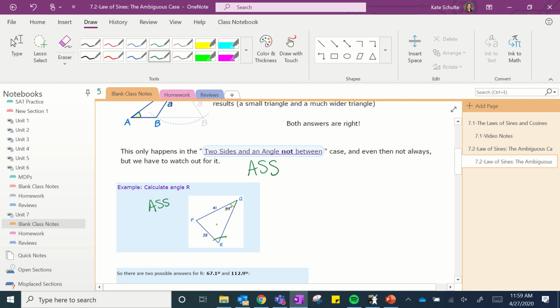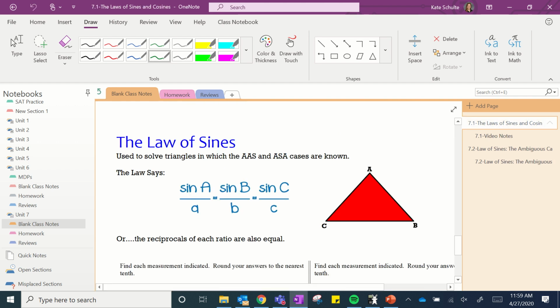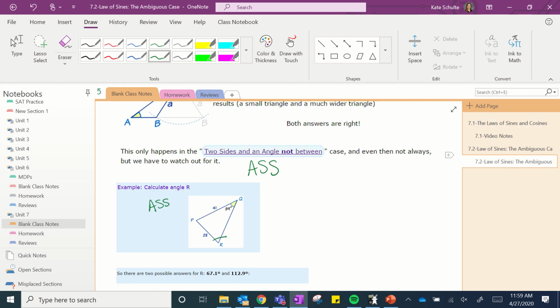So for angle R, remember the law of sines is still the exact same. We have the angle and the side across from each other. So we're looking for sine of angle R, and across from it is side r.